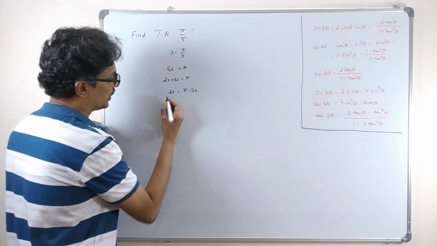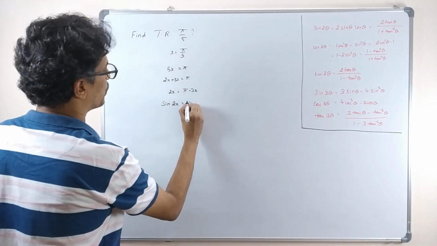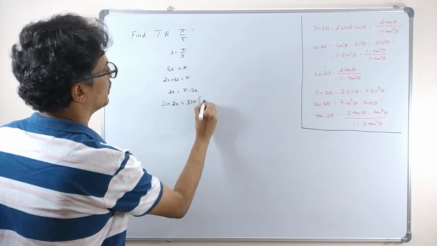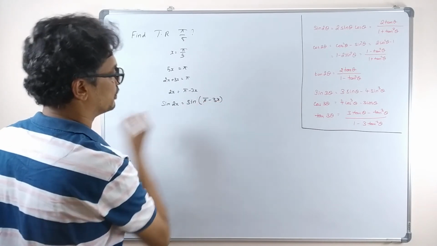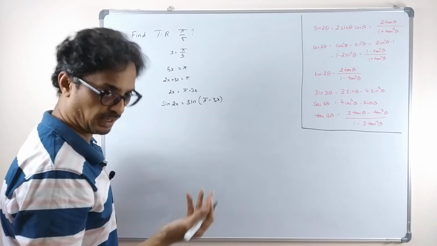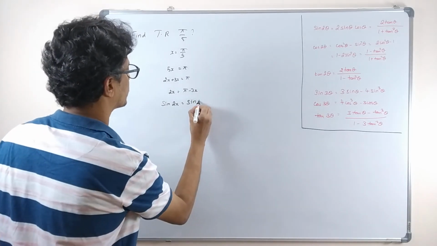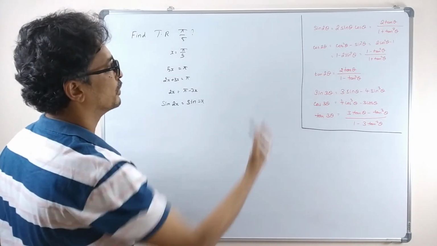Okay, so take sine on both sides. Sine 2x will be equal to sine of pi minus 3x, which is sine 3x. Now you just use the formula.